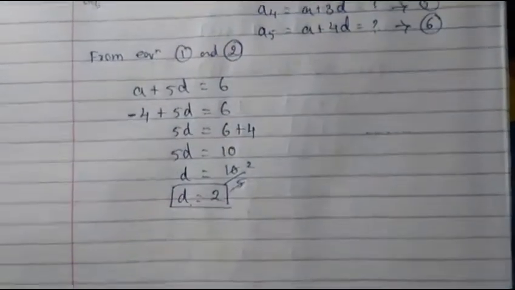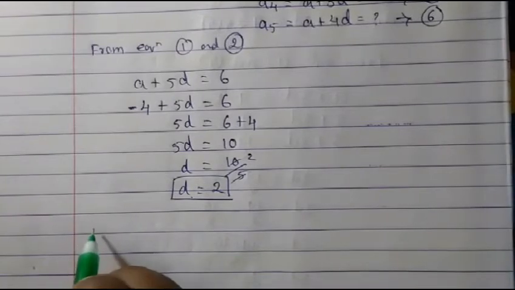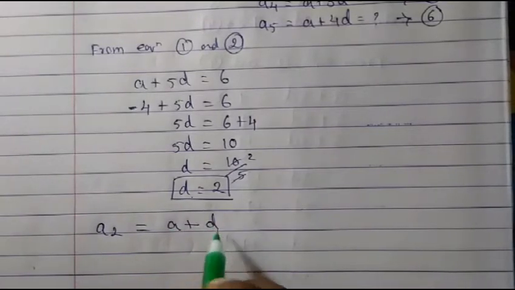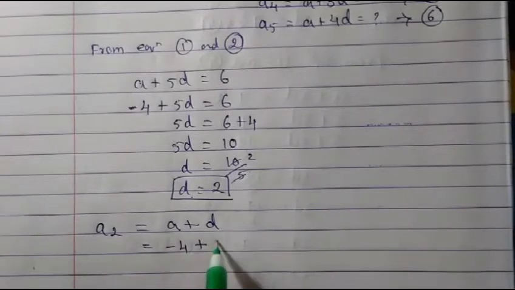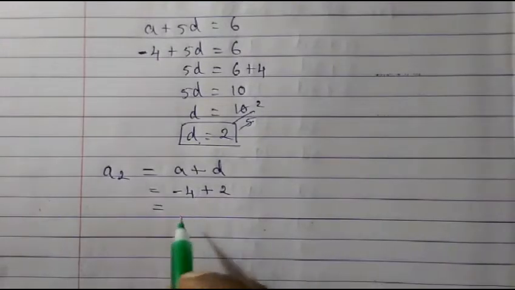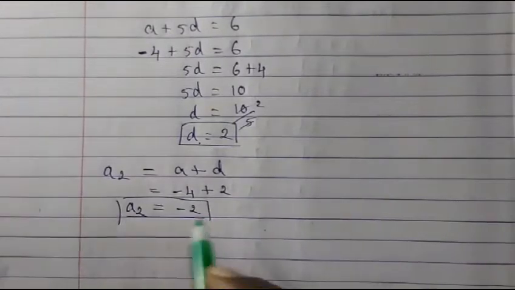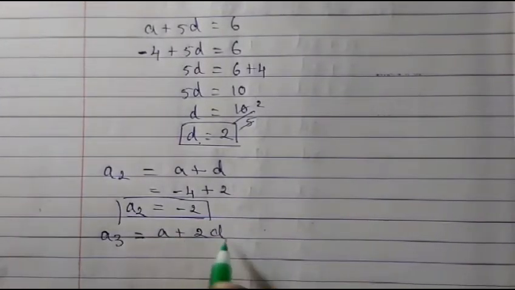So let's do it. From equation 3, A2 will be equal to A plus d. A is minus 4 plus d is 2, so minus 4 plus 2 will give us minus 2. So A2 is minus 2. Now A3. A3 is A plus 2d.